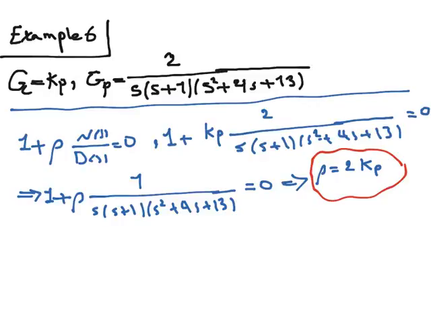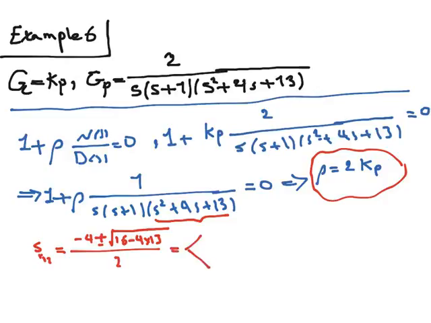For the poles which are obtained from the quadratic equation, I call them S1 and 2. We can calculate them: minus 4 plus minus square root of 16 minus 4 times 13, divided by 2. If you calculate them, you will get two answers: minus 2 minus 3j and minus 2 plus 3j.